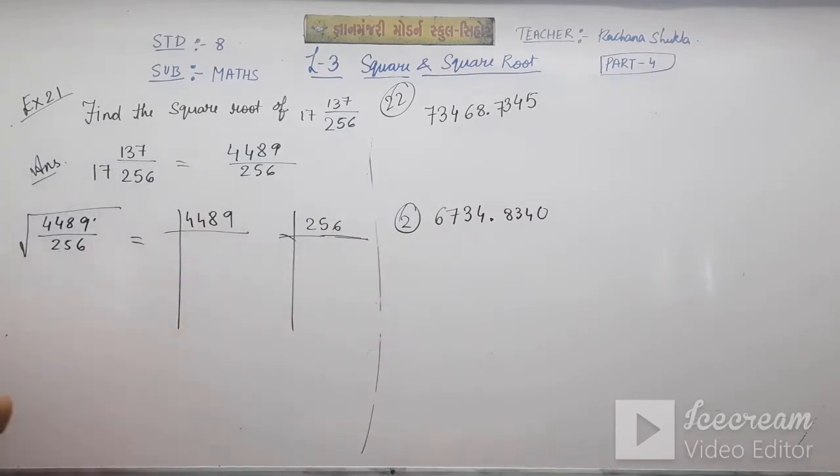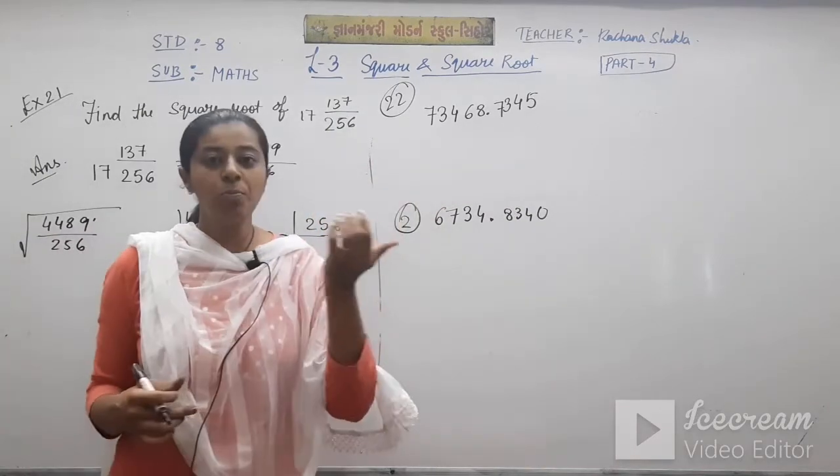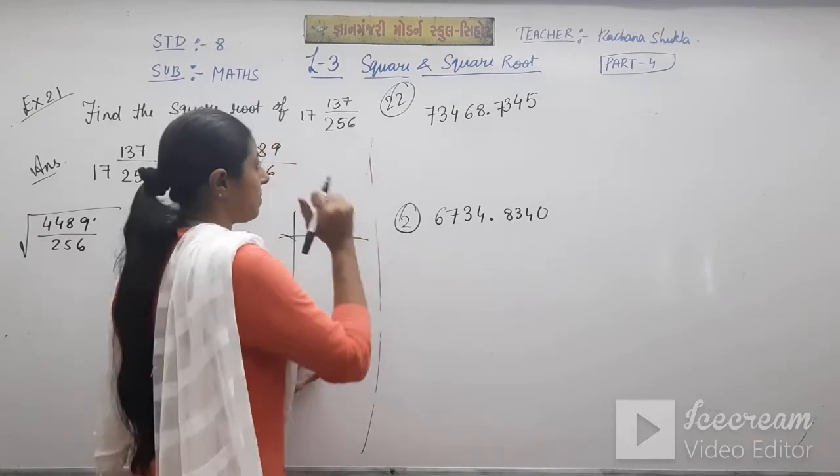You have to pair these numbers. That is your example 22.